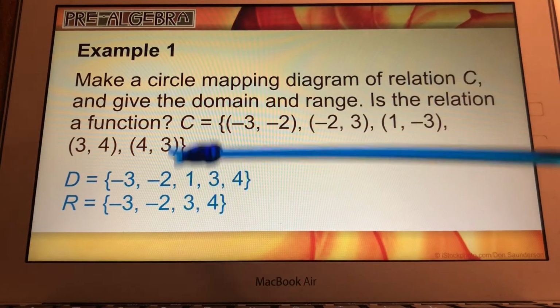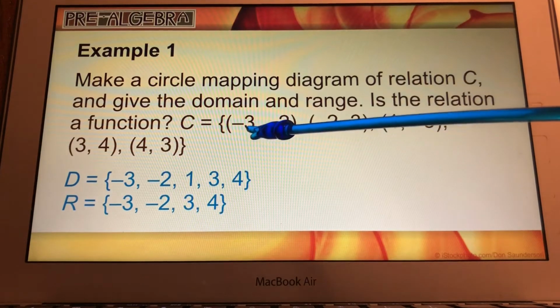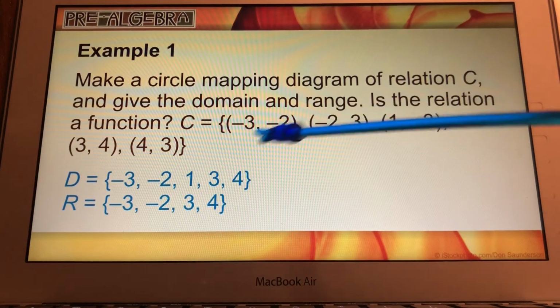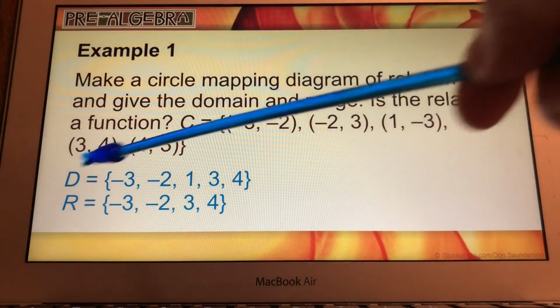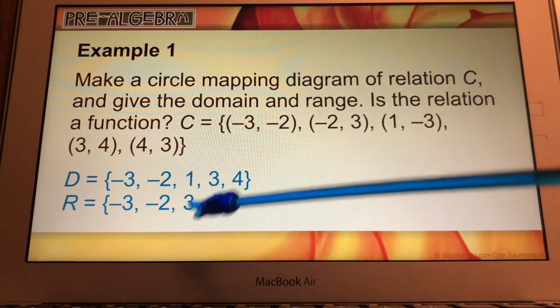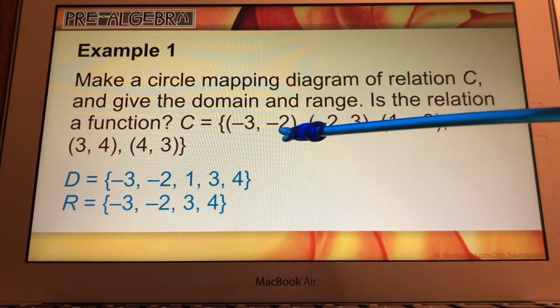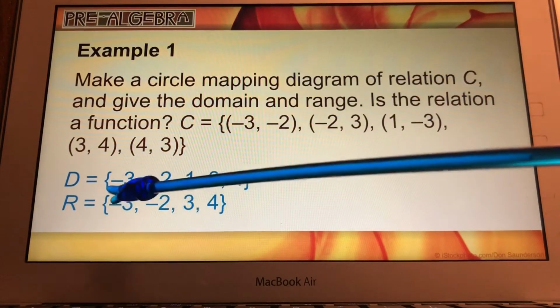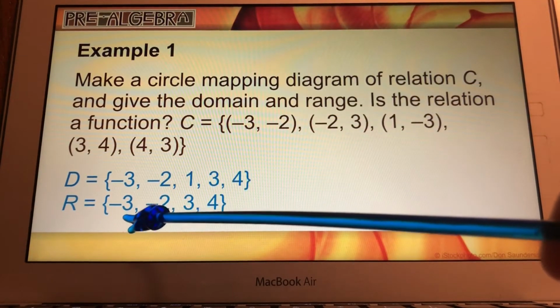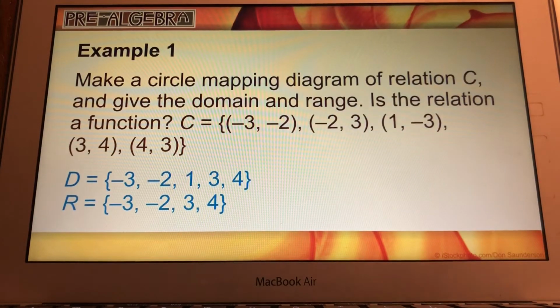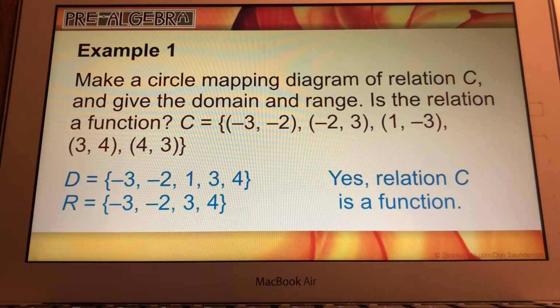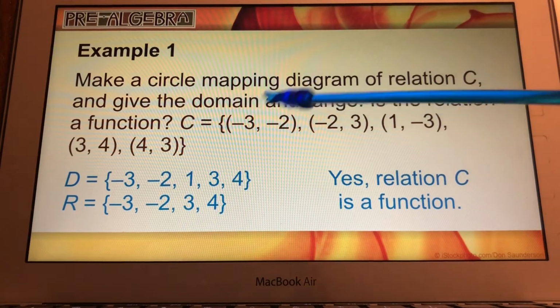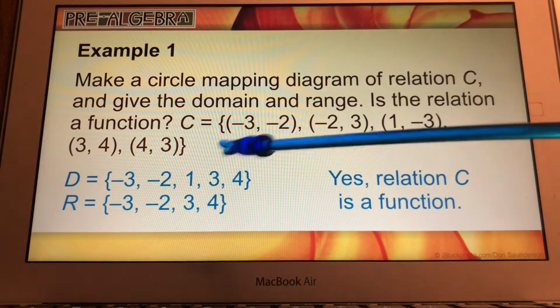Then I can write out the domain. Okay, that would be all the x values, right? So -3, -2, 1, 3, and 4. And then all my range values, -2, 3, -3, 4, 3. But of course, like I said before, you have to arrange them from smallest to largest. Okay, then they're asking, is the relation a function?